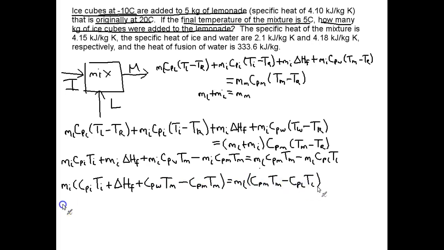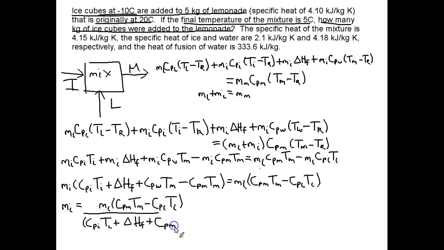That looks better. All right, the final thing we need to do to get the mass of the ice by itself is to take that huge term in the parentheses on the mass of ice side and divide through by that so it ends up on the right side. Let's do that. And that's our final equation.